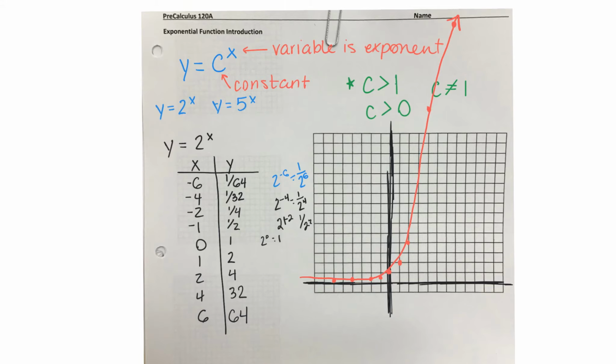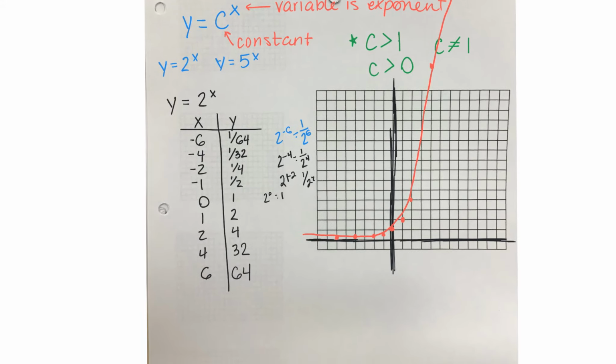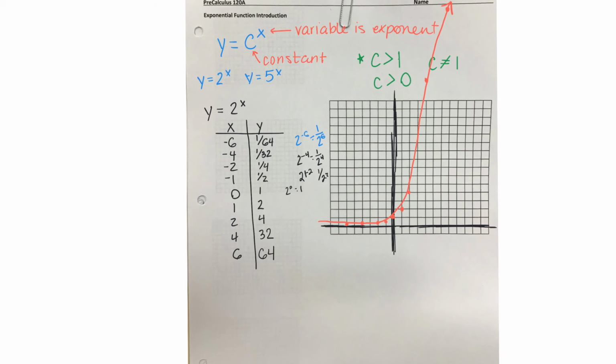This is called exponential growth. Let's write that down: exponential growth is a rapid increase.